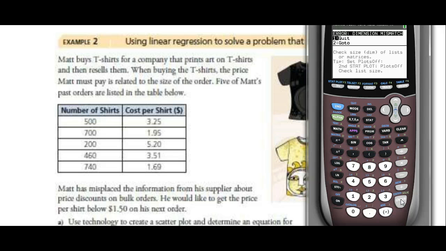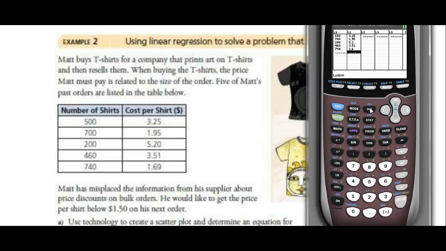What that means is you've got lists that are different sizes, right? This gives you more information. Let's say quit, go back to stat, edit, and just take that one out. Okay, so if you ever see dim mismatch, what it means is that you've got more things in one list than you do in the other, and it can't run a regression.